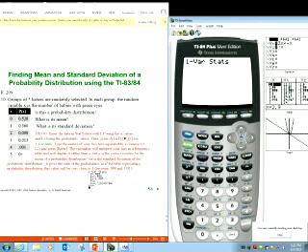If your calculator looks like mine, you're going to have to use your comma button. Your comma is right there over number 7. You're going to enter list 1 and then comma and list 2. List 1, comma, list 2, and enter.